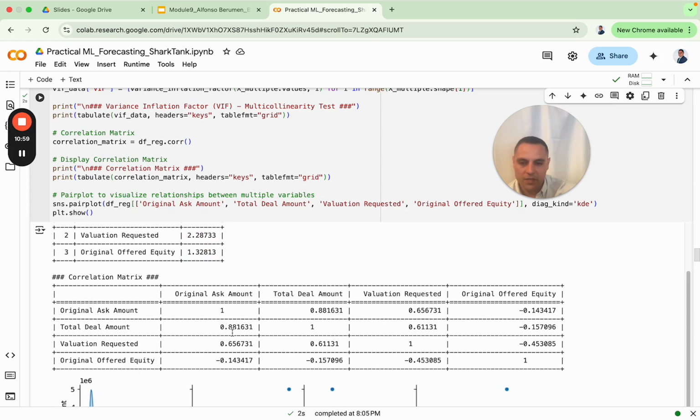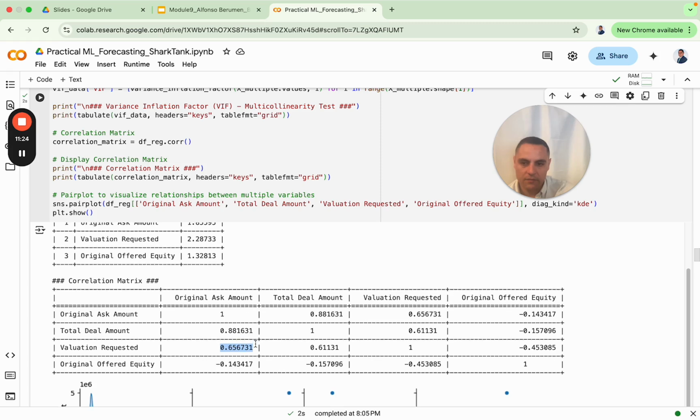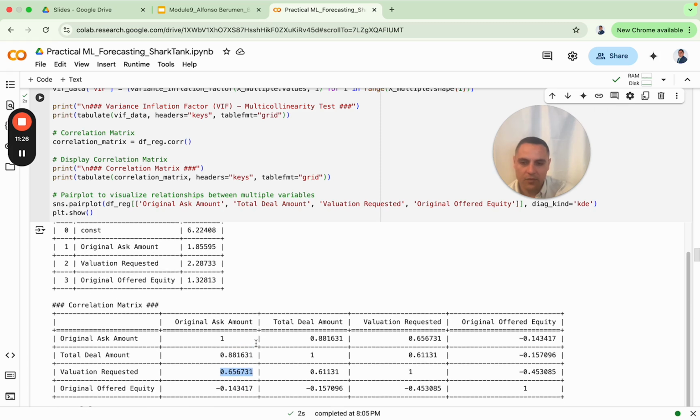And then when we look at our correlation coefficients, original ask amount and valuation have a slightly positive relationship, but not as much of a concern. I did look at the VIF, and no red flags came up.